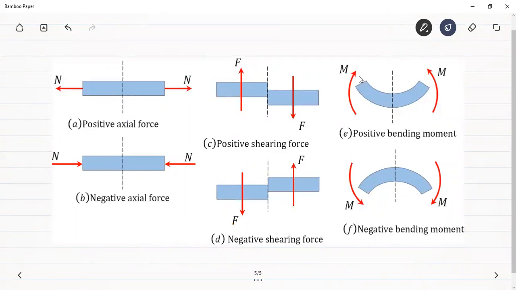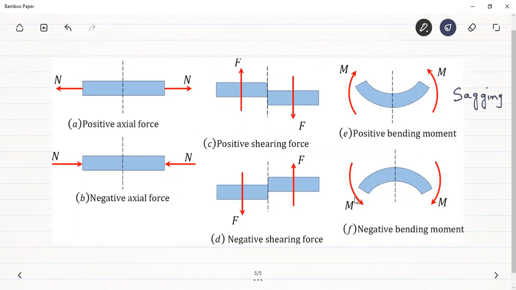From the left hand side we have a clockwise moment, and from the right hand side we have an anti-clockwise moment. See here, what is the effect of this bending moment on the beam? This is known as sagging of the beam. The effect of this bending moment is to create sagging in the beam. So whenever these are the directions of the moments, the beam will be in sagging.